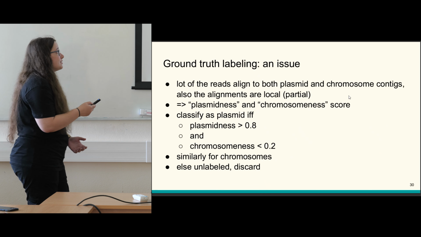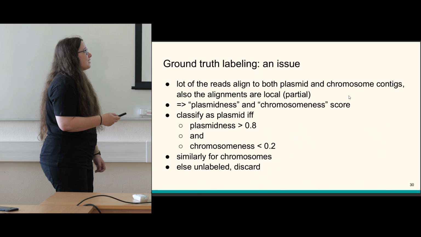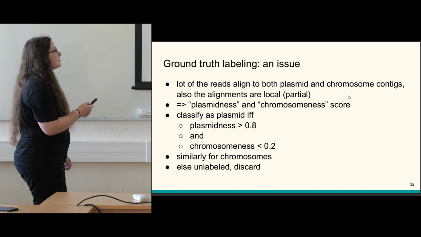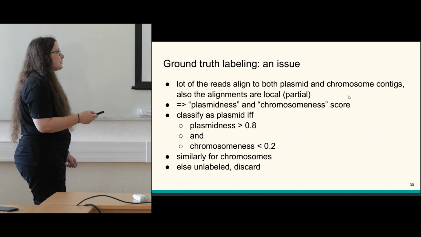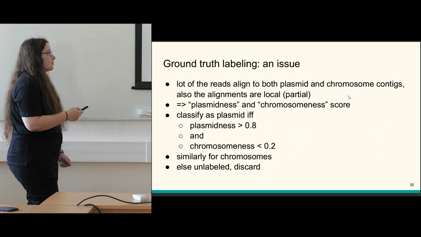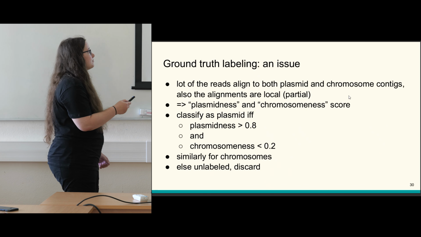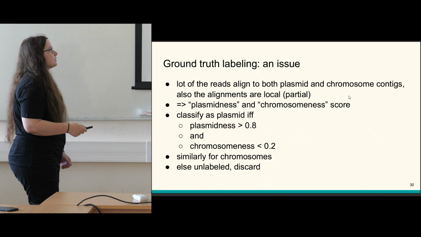Therefore, we have designed something we call the plasmidness and chromosomeness score. How they work is that we classify a read as plasmid if the plasmidness score is more than 80 and the chromosomeness score is less than 20. Similarly, we do this for chromosomes. If the read does not meet any of these criteria, then it is discarded from our data set.